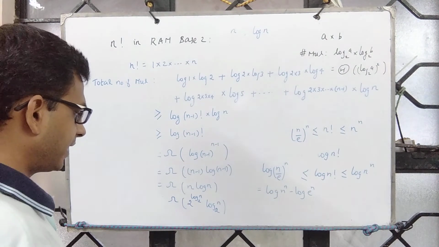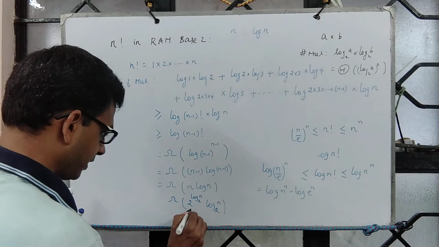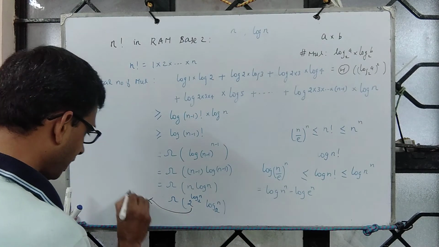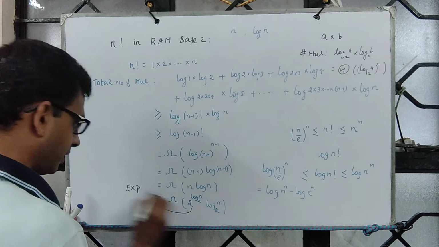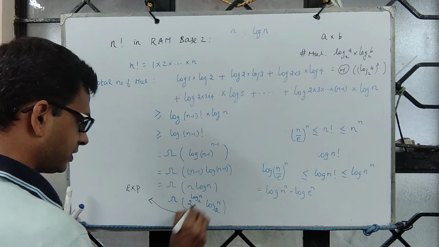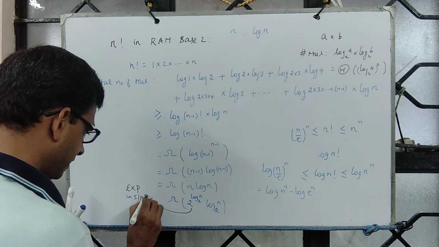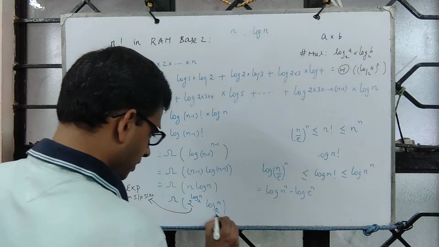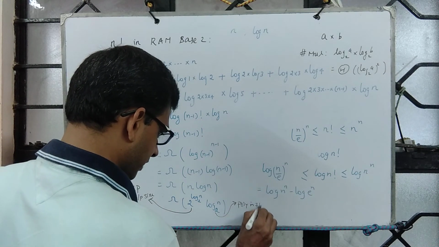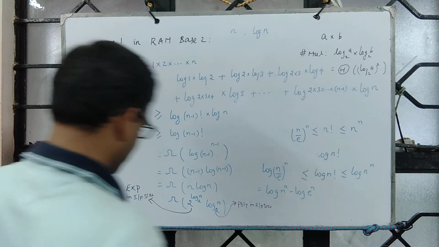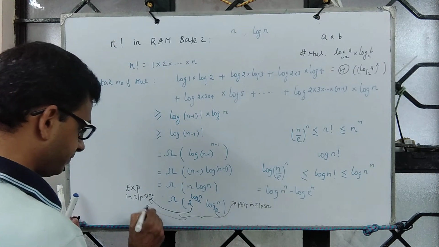Now the interesting part over here is this is exponential in input size, 2 power log n base 2. Log n base 2 is our input size. So this is exponential in input size times poly in input size, which means overall time complexity is exponential in input size.